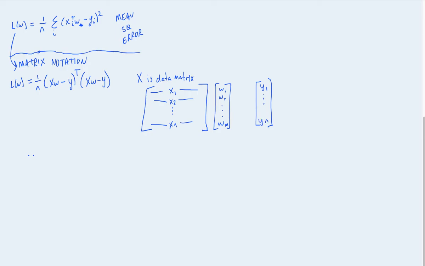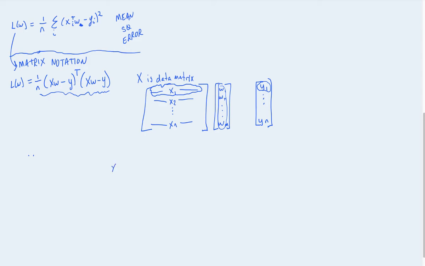And just to show you that these two are actually equal, let's think about this term right here. So what exactly is that? Well, if we just take the first row of our data matrix times this column vector, when you're doing this matrix multiplication, it will give you the first element of your y vector.